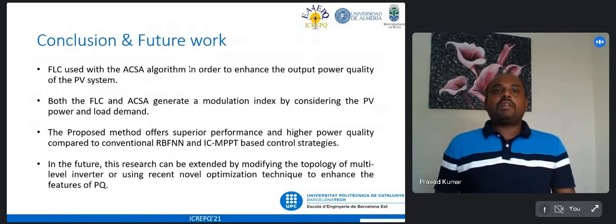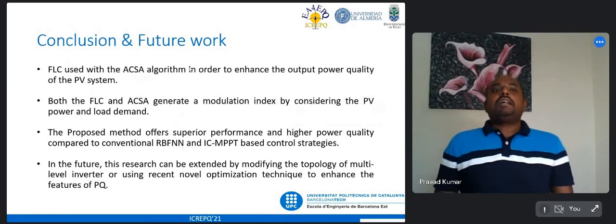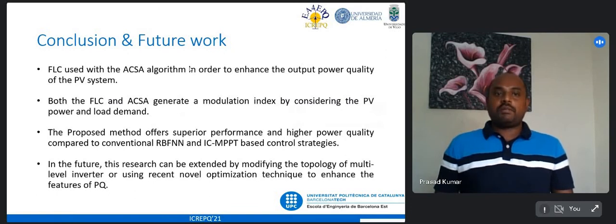Next, moving on to the conclusion and future work. FLC is used with the adaptive cuckoo search algorithm in order to enhance the output power quality of the photovoltaic system, and both the fuzzy logic controller and the adaptive cuckoo search algorithm generate the modulation index by considering the photovoltaic power and load demand. The proposed method offers superior performance and higher power quality compared to the conventional RBFNN and IC MPPT based control strategy.